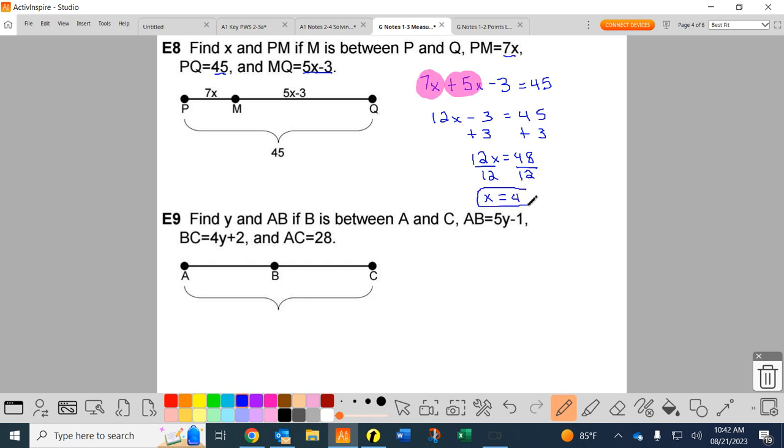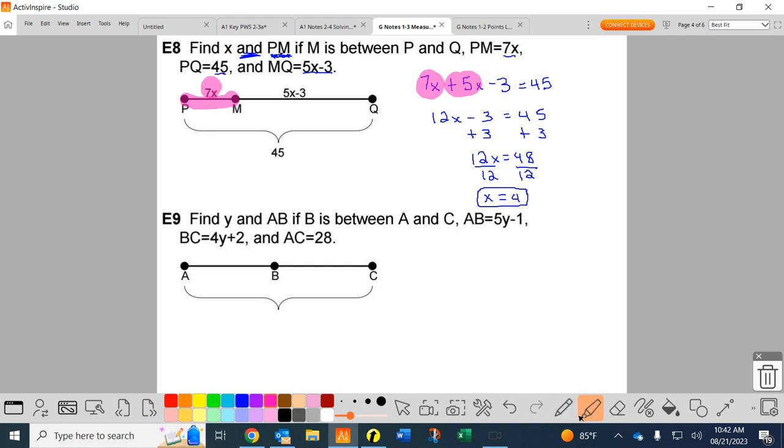However, this answer on a geometry test would have 2 answer blanks. The first one is the x. The second one is that we need to find PM. To find PM, what would you do? The only part of it you need to plug it into is this part right here. It is about plugging it back in. We're only trying to find PM, so we only need to plug it back into this one.